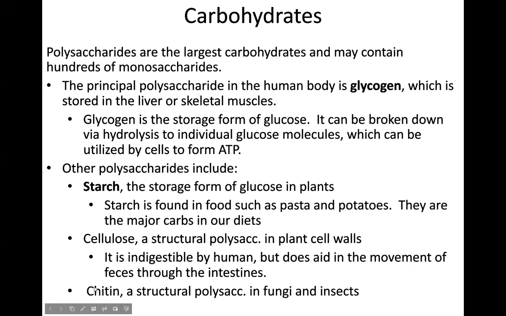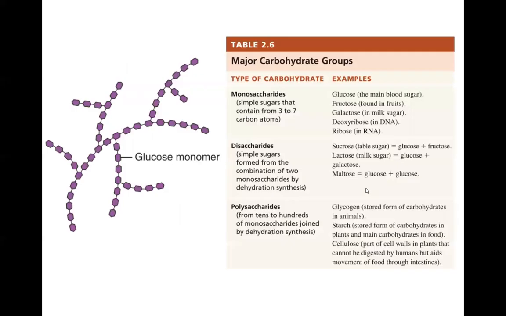Last one there, chitin, however you want to pronounce that, is a polysaccharide that fungi have, insects have, but we don't eat a whole lot of that stuff, so it's really something I'm not going to talk about. All right, so that's carbohydrates. Table 2.6 here lists off the monos, the dis, and the polys.